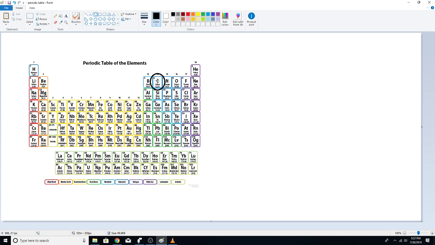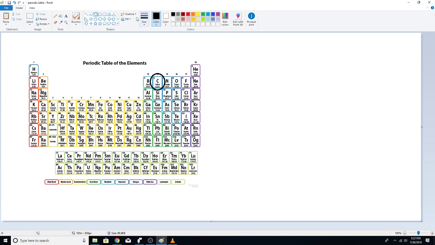But what does change is the mass of the element. Now, usually a proton and a neutron each has a mass of 1 atomic mass.